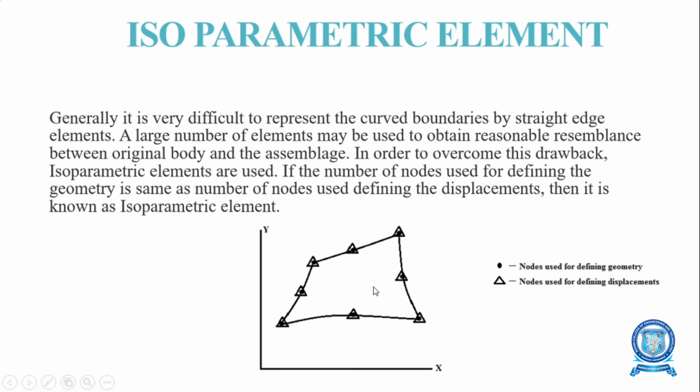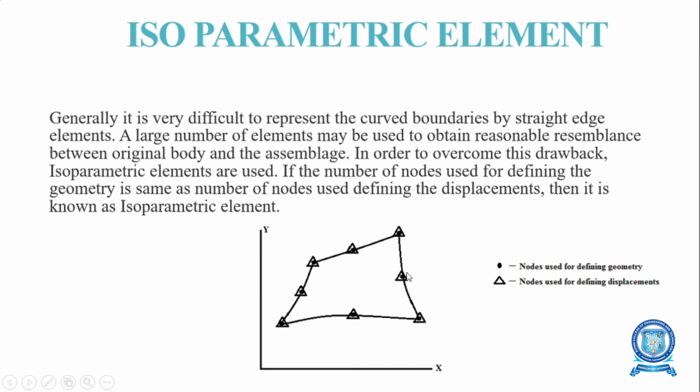Now we are going to check how many geometry nodes and how many displacement nodes there are. 1, 2, 3, 4, 5, 6, 7, 8. So 8 geometry nodes. And how many displacements? 1, 2, 3, 4, 5, 6, 7, 8. That is also 8.